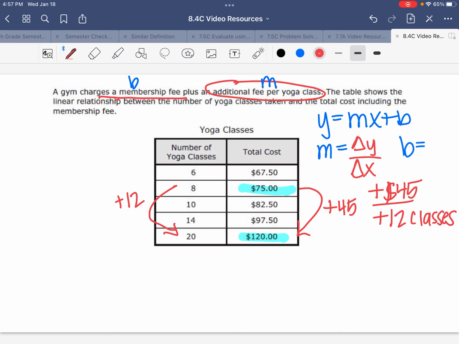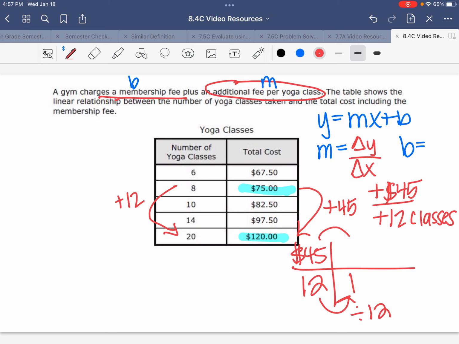But again, I don't want to know how much it increases for 12 classes. I want to know how much it increases for one class. So I can set up a ratio table where I compare that. So if it was $45 for an increase of 12 classes, how much would it be per one class? So that's where I just simplify and I divide by 12.